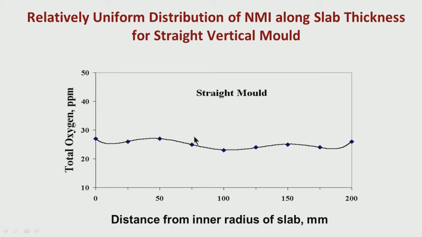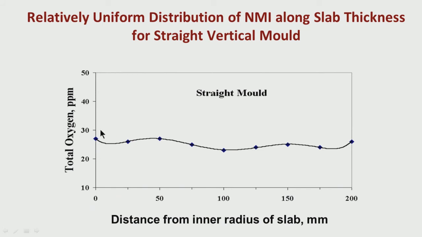I have taken samples at different thickness levels by drilling and then analyzing the total oxygen, assuming that the dissolved oxygen is relatively less, because in both the cases it was an aluminum killed steel. So, the dissolved oxygen will be within 5 ppm.